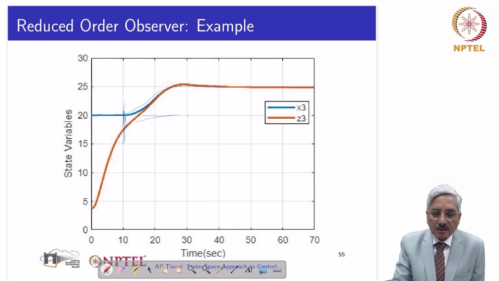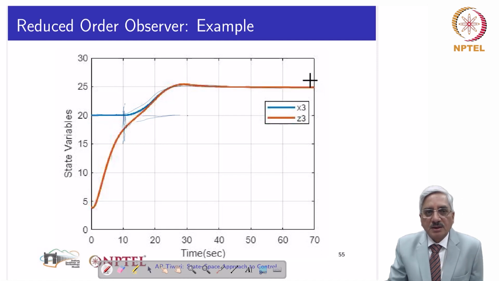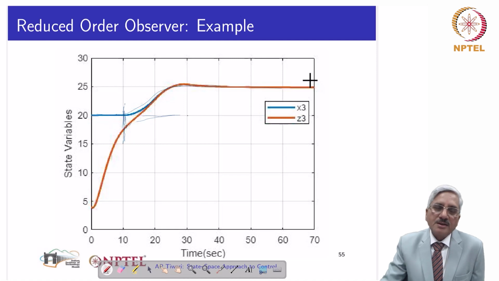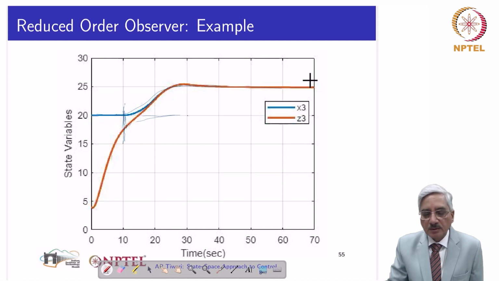So it approaches asymptotically. So what we have seen is that whether or not input is applied, the observer state in some time starts matching the actual system state. For Z2 and Z3, those two states for which the reduced order observer was designed, that design intent is fulfilled, as seen for this example through simulations.